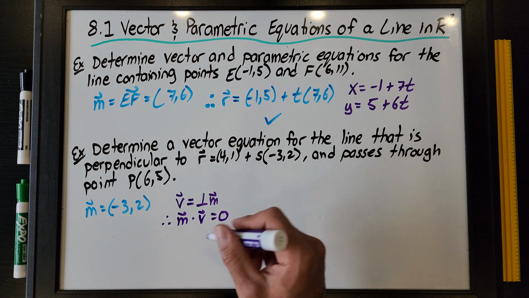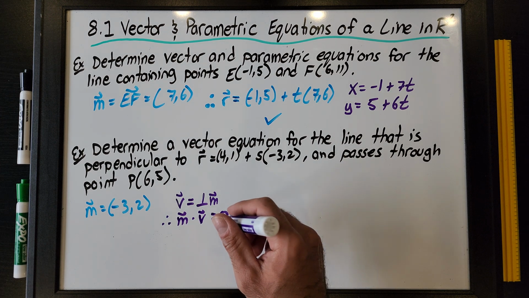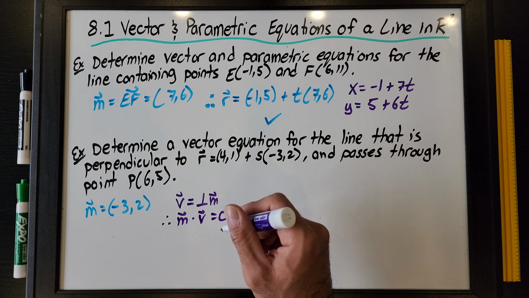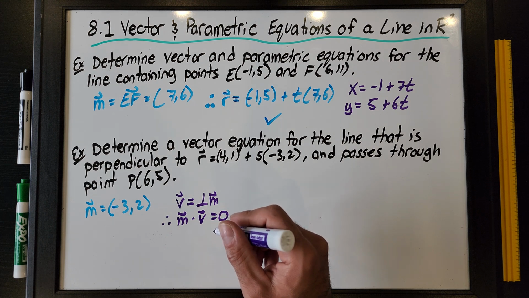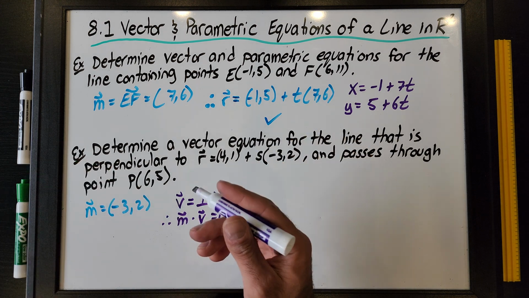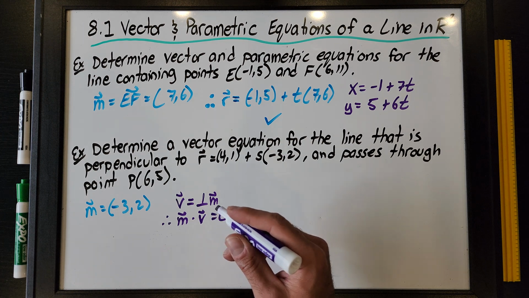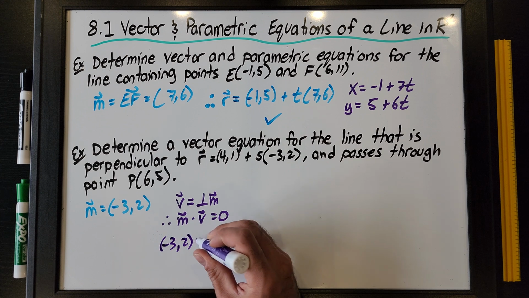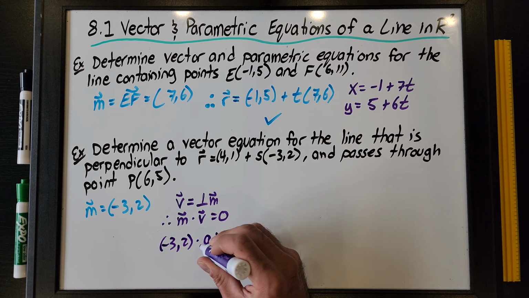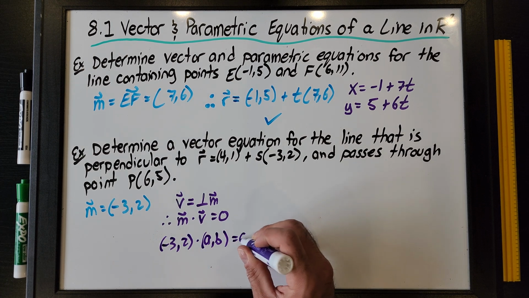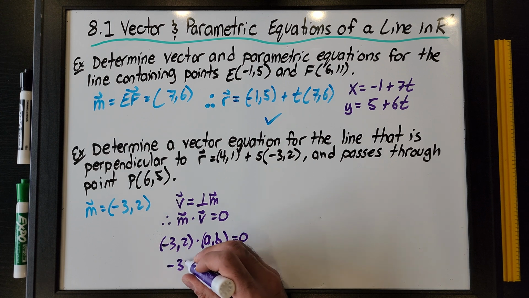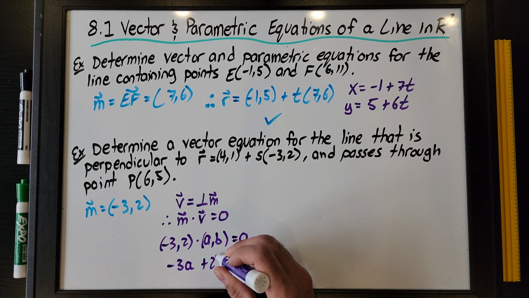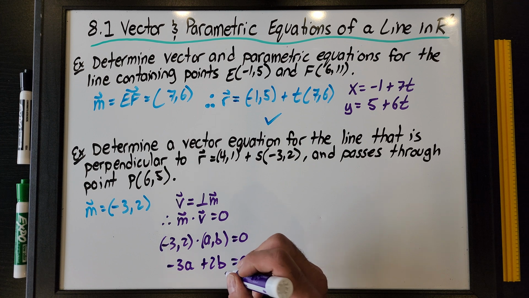So here we bring back the dot product again to figure this out. You don't have to do this every single time. I'll show you a quick hack on how we can find perpendicular things, like negative reciprocal, whatever that translates to in vectors. But this just means that negative 3, 2 dot some other values a, b must be equal to 0. Negative 3a plus 2b is equal to 0.